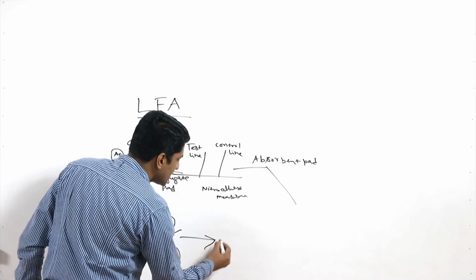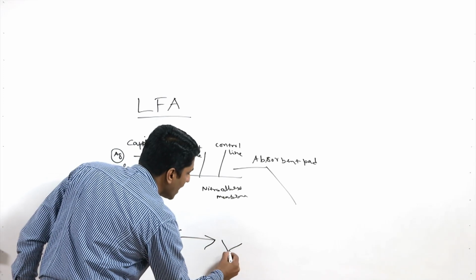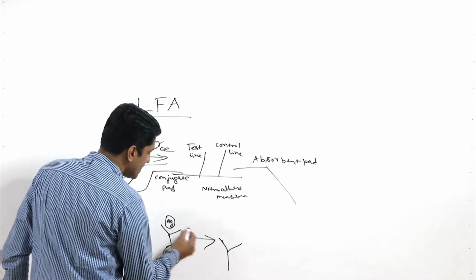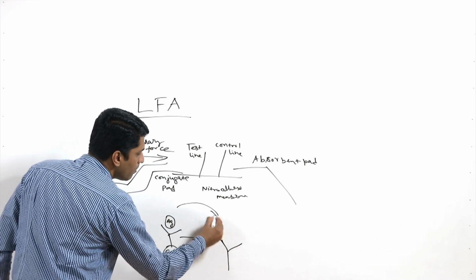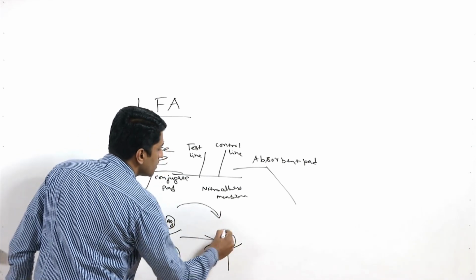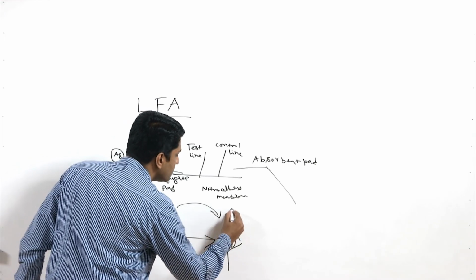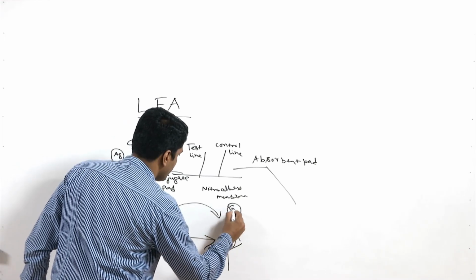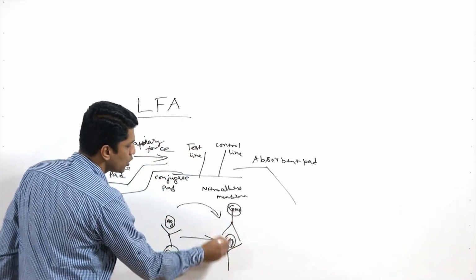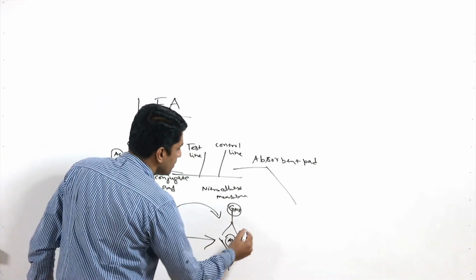When it reaches the test line, in the test line you will have antibody specific for your antigen. This antigen antibody complex will come and bind here, and your antigen will be sandwiched between the two antibodies.